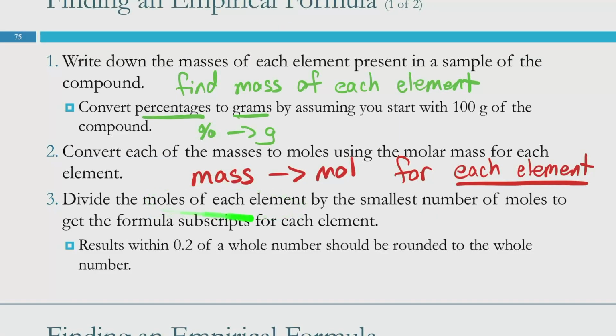And then we divide the moles of each element. So every single one of them, we're going to divide all of them by whatever our smallest number of moles is. What this is going to do for us is turn our smallest number of moles into 1.